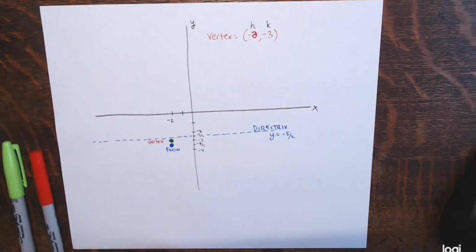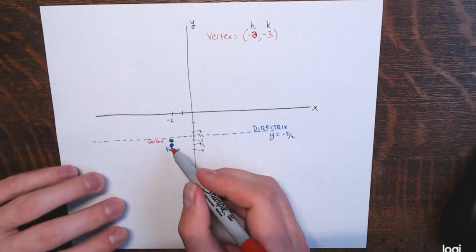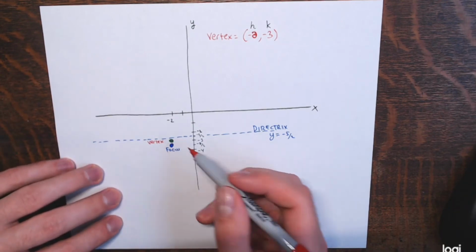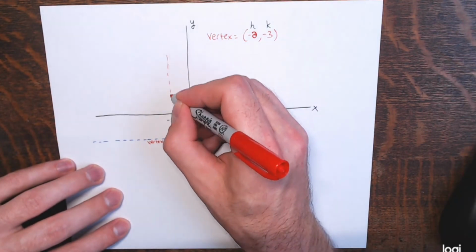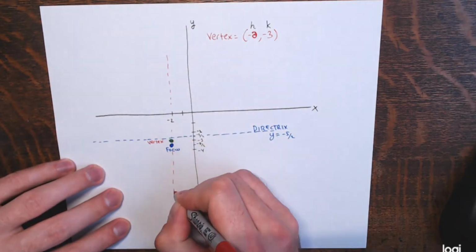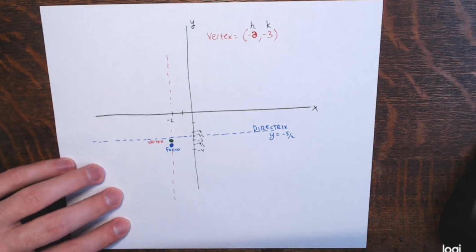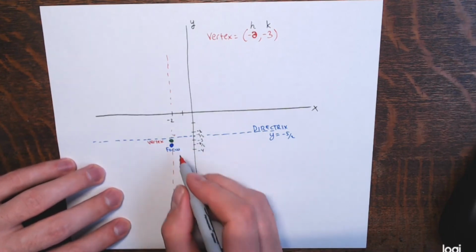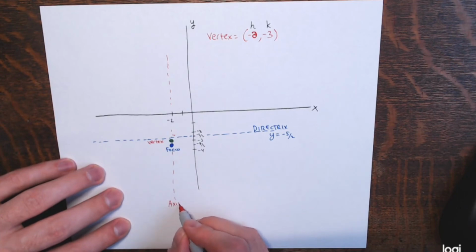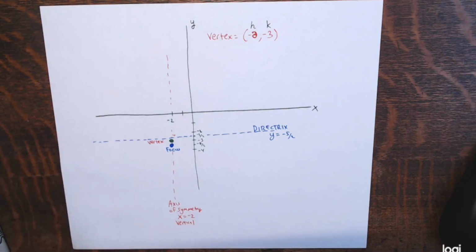Also, looking at how the focus and directrix and vertex are all located here, the axis of symmetry is vertical. Remember, the axis of symmetry contains the vertex and the focus and is perpendicular to the directrix. The axis of symmetry is the line x equals -2, which is a vertical line. And I pointed that out, right?